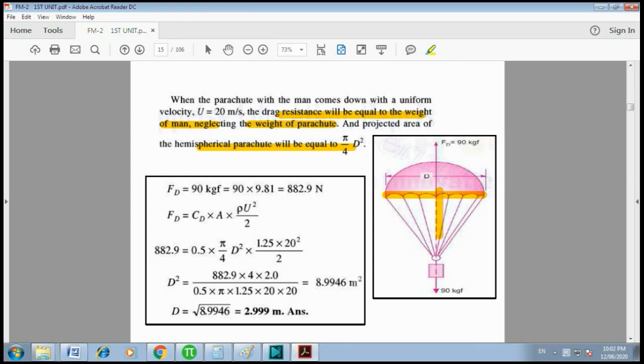Then FD is again the standard formula, CD into A into rho u square. So 882.9 is equal to 0.5 into pi by 4 d square, and so on. We have to calculate d, which is what is asked in the numerical. Solving this expression, d is equal to 2.99 meter, that means nearly 3 meter. So this is how we calculate the diameter of the parachute.